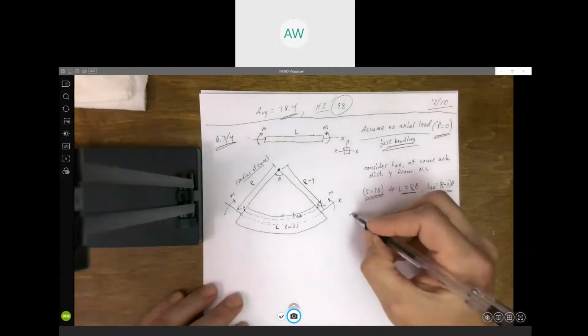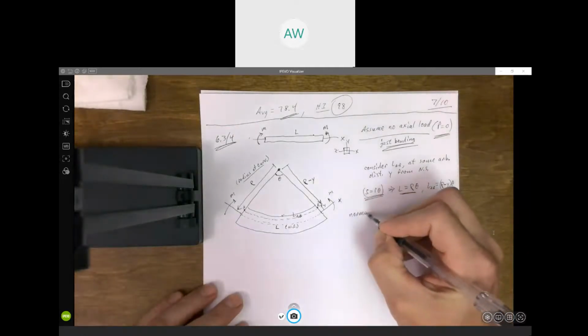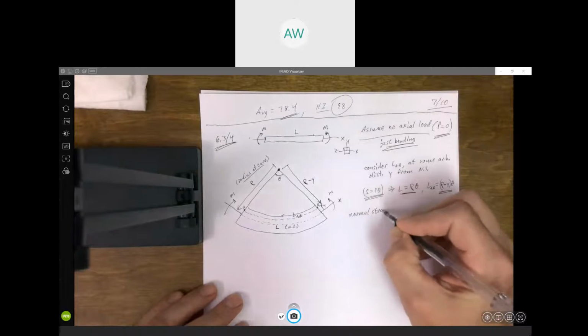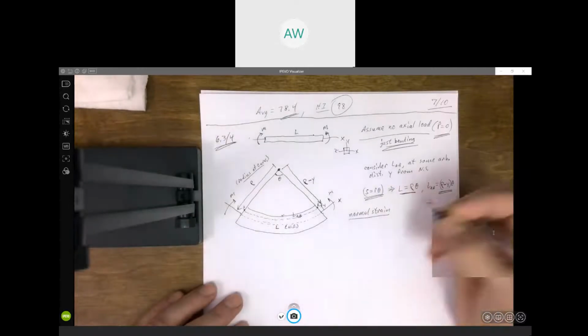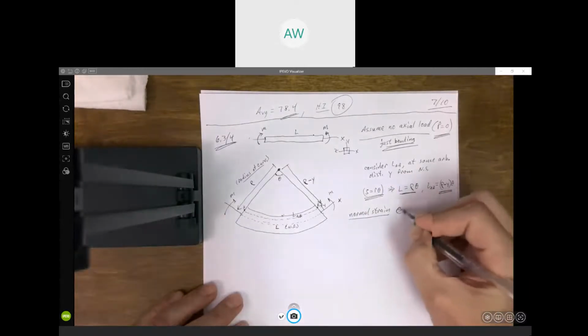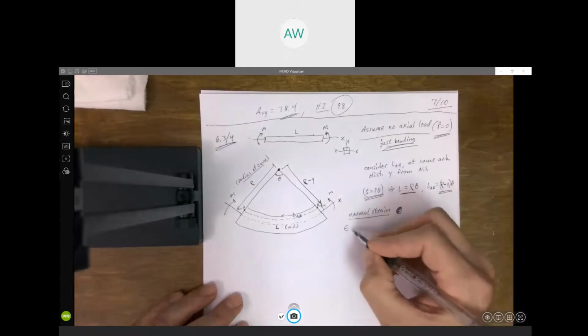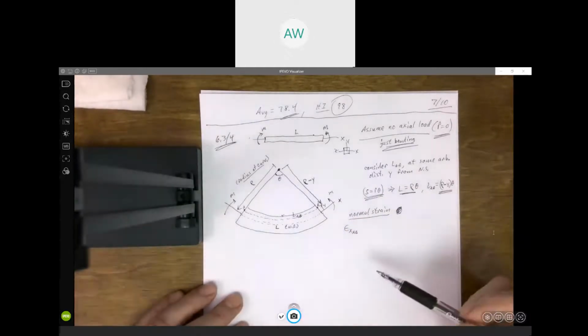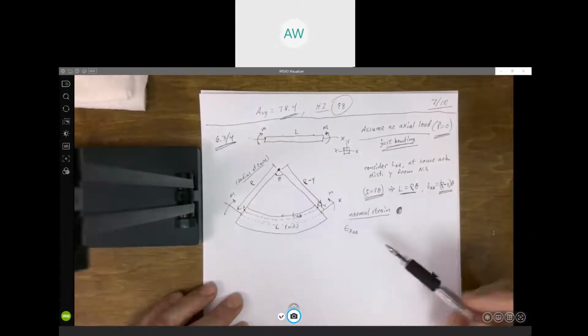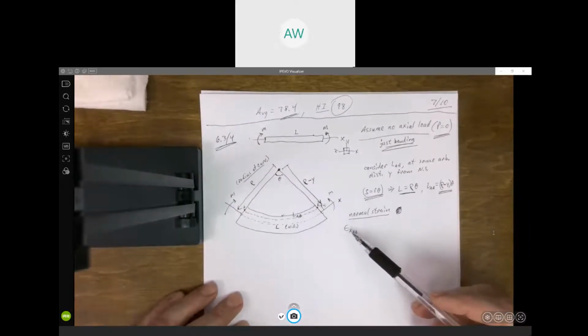Now, if you remember normal strain, notation-wise we use epsilon.